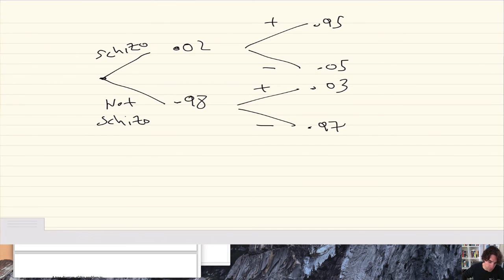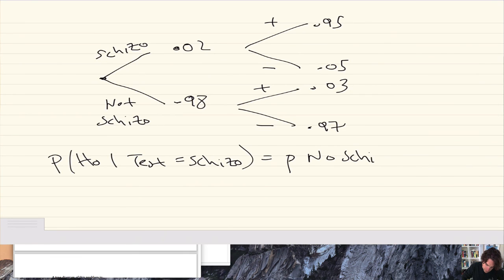So what are we looking for? We're looking for the probability of H naught, given that the test says that the person is schizophrenic, which is the same as the probability that they're not schizophrenic, given that the test is positive.